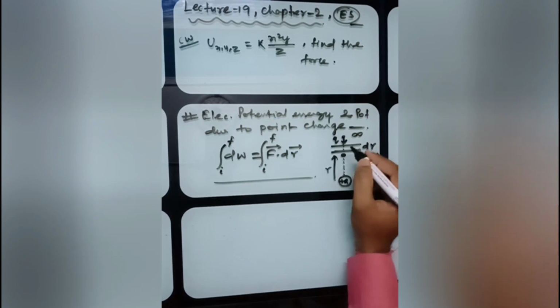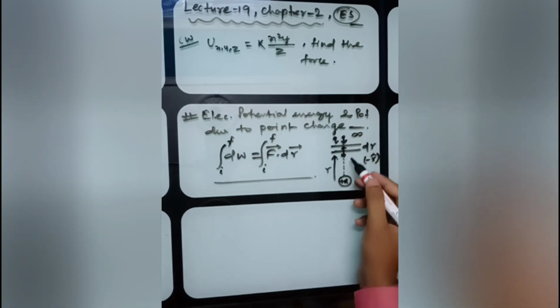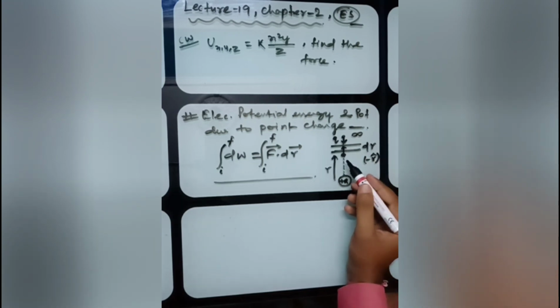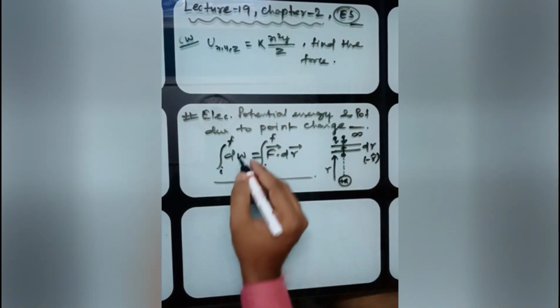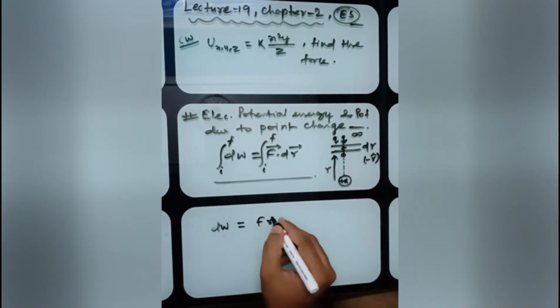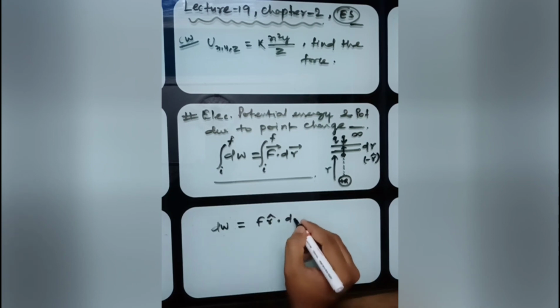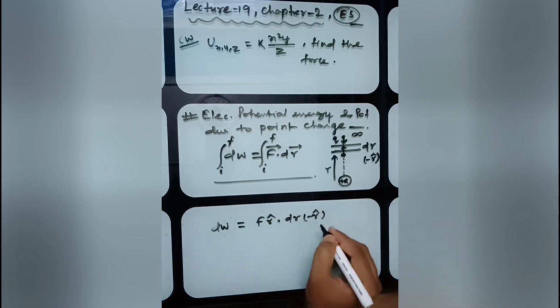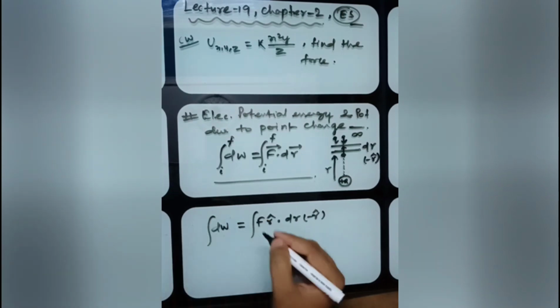But here the force on this charge will be in the upward direction. So force will be F unit vector r cap positive, and dW we will write here as F r cap dot dr minus r cap. With proper limit we will get the mathematical expression.